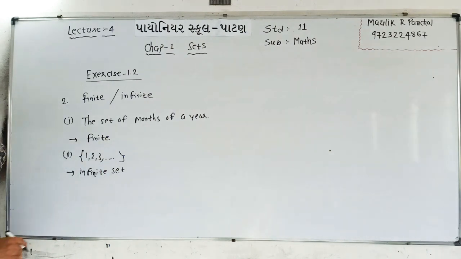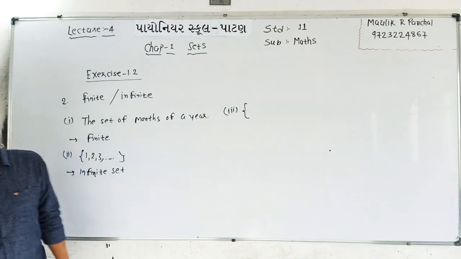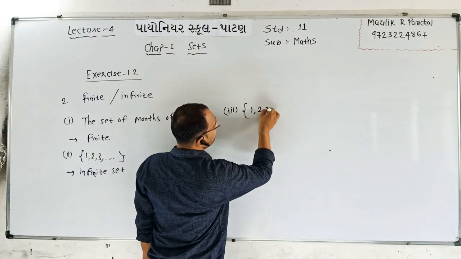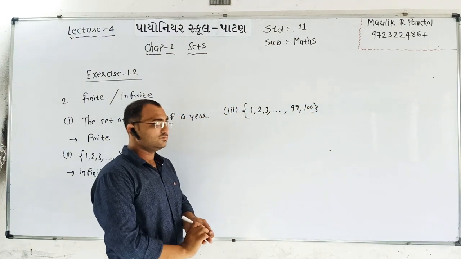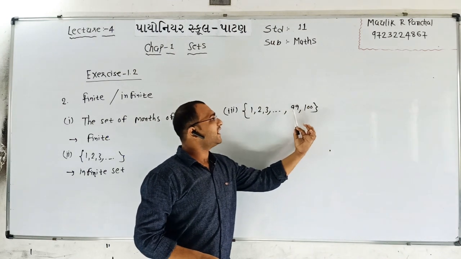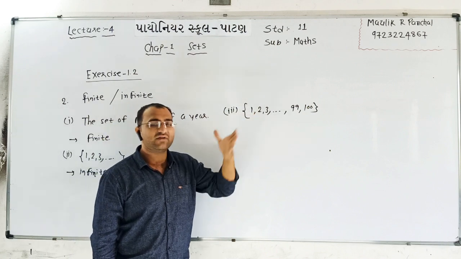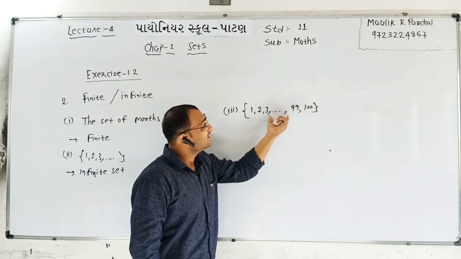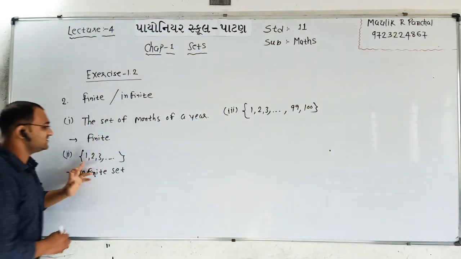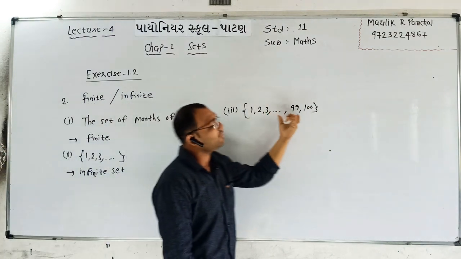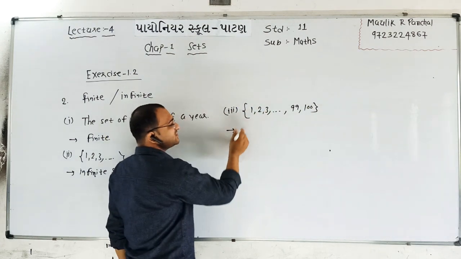Third, 1, 2, 3 up to 99, 100. That means this set has a definite number of members because this set ends with a number, not infinity. This set ends with infinity and this set ends with numbers. That means this set has a definite number of members, and is called a finite set.